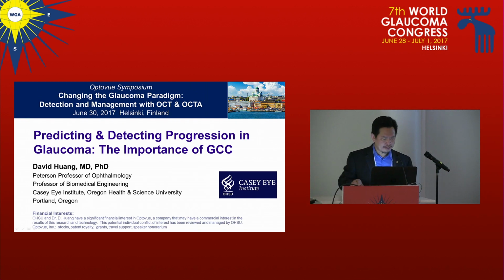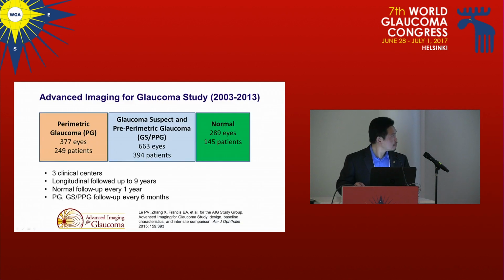So I do have financial interest in OCT and OCT angiography technology with regard to Optovue. So I'm going to speak about results from the advanced imaging for glaucoma study.